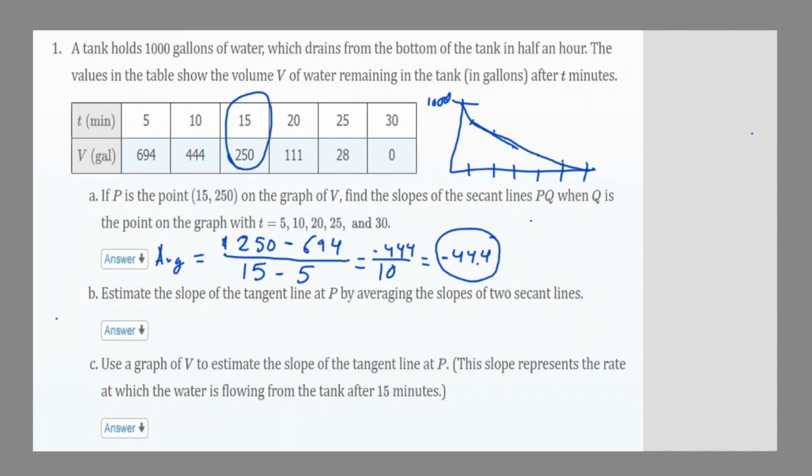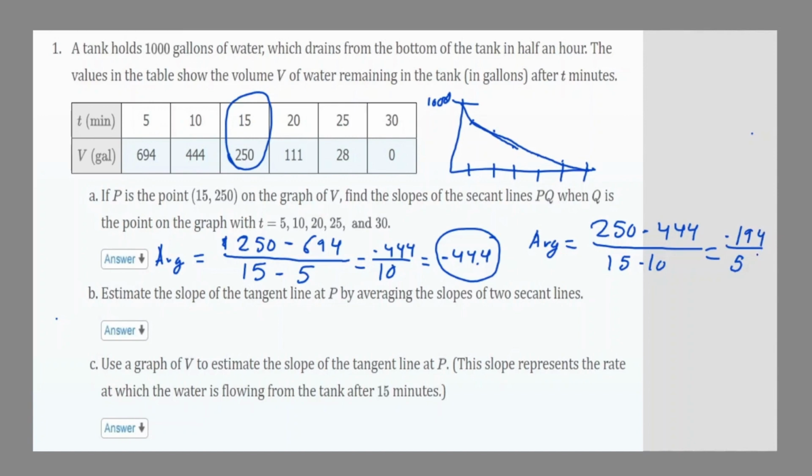So let's try it with T equals 10. If we do the same average rate of change equation, we'll again do 250 minus, let's do 10, which is 444 gallons, over, and this will be 15 minus 10. So at the end we'll have 5 in the denominator, and in the top we will have negative 194.